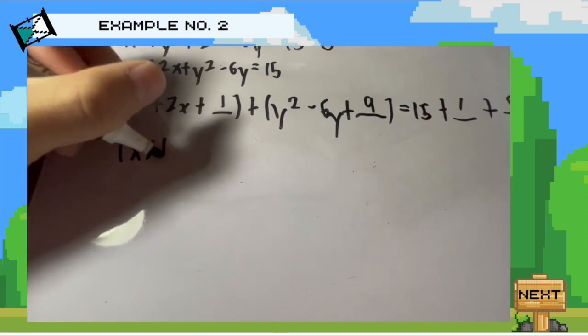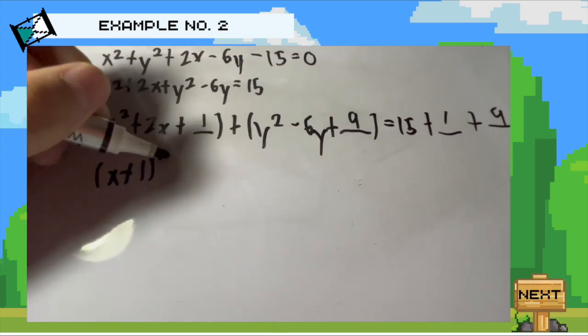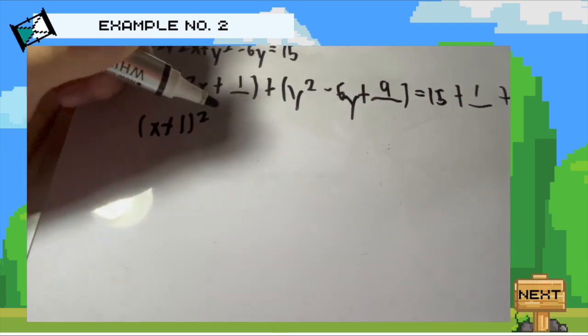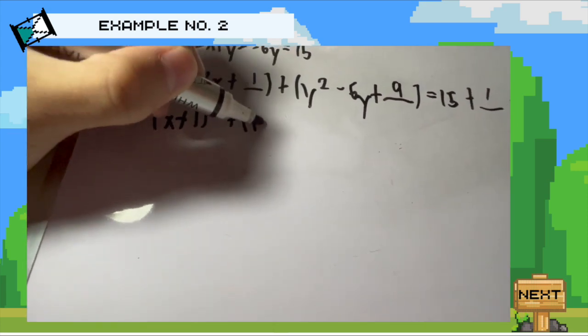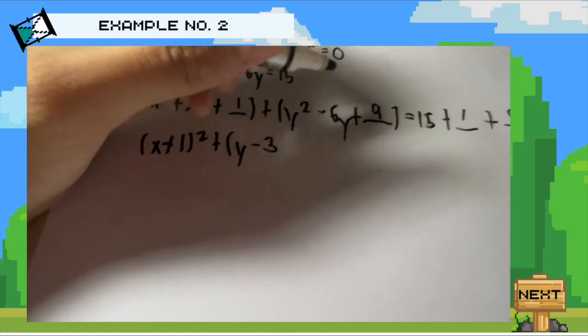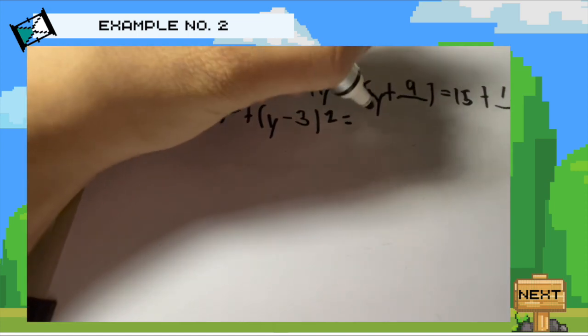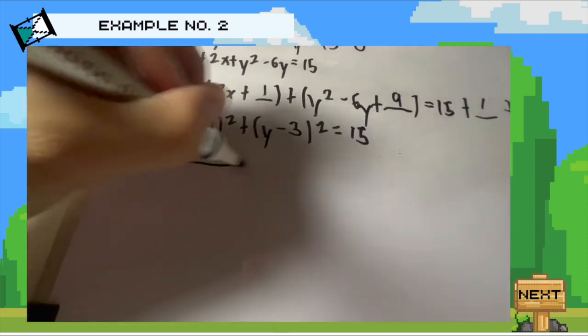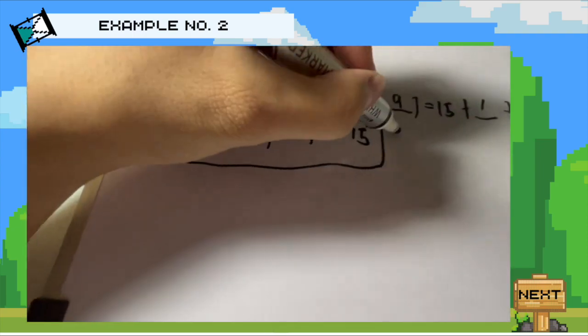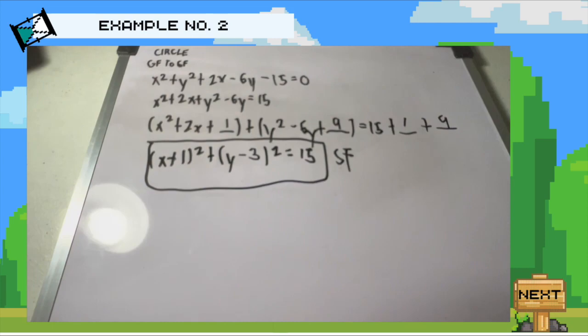So x plus 1 squared plus y minus 3 squared is equal to 15. Then that is our standard form.